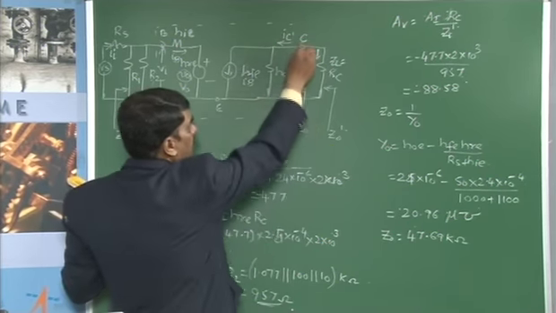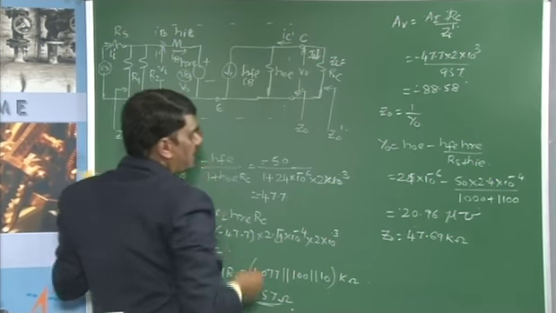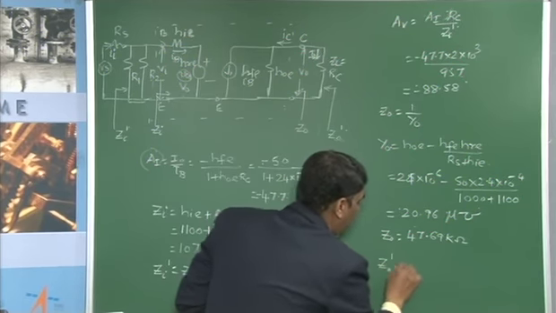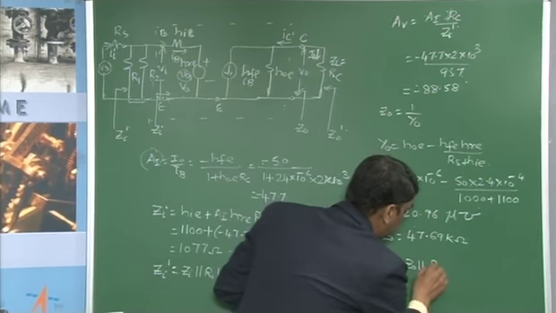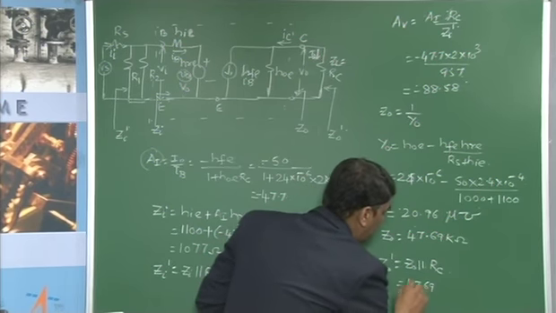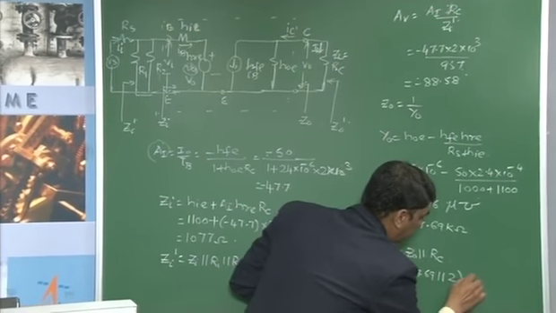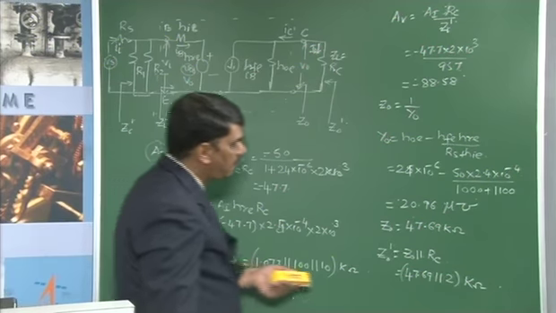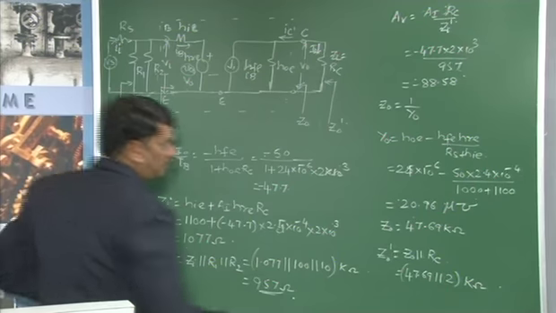When you are looking into the collector emitter terminal, the complete amplifier is replaced with Z0, then Z0 dash is the parallel combination of Z0 and RC. This is nothing but 47.69 kilo ohm in parallel with 2 kilo ohm. This is approximately 1.9 kilo ohms.